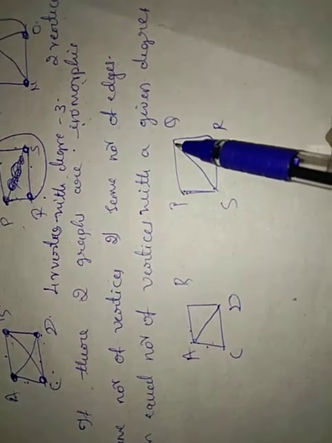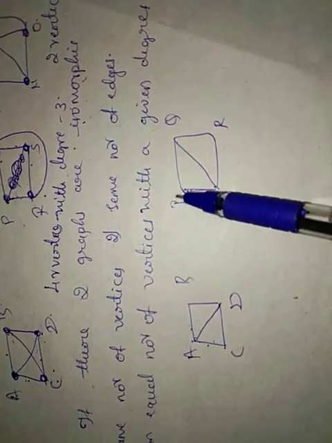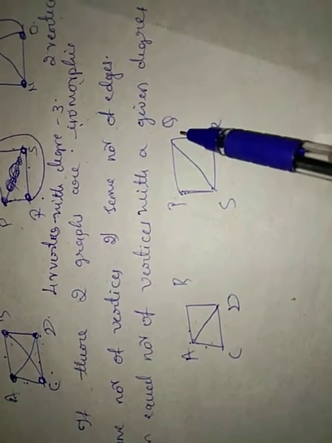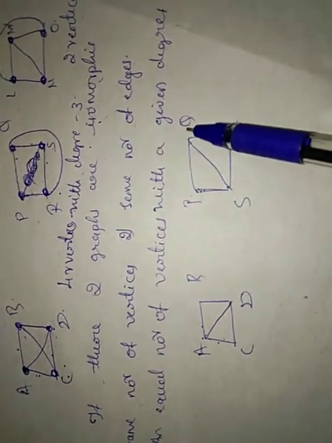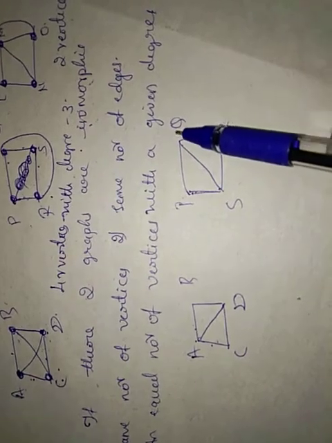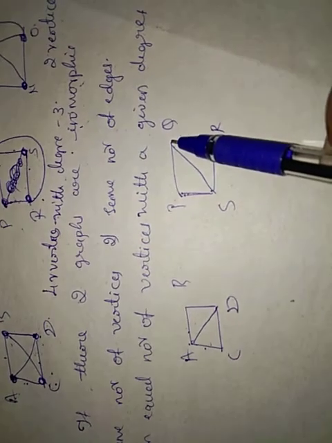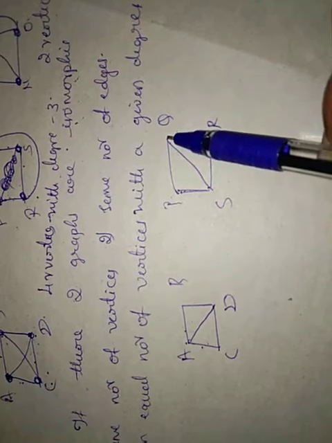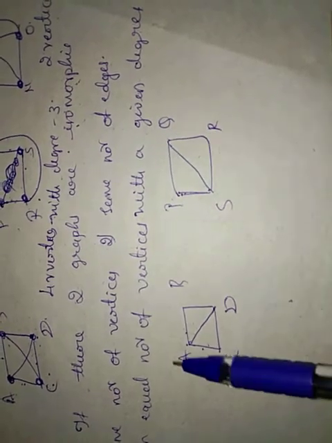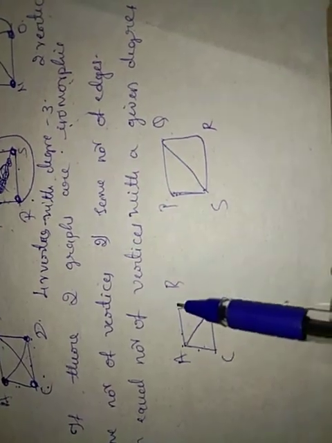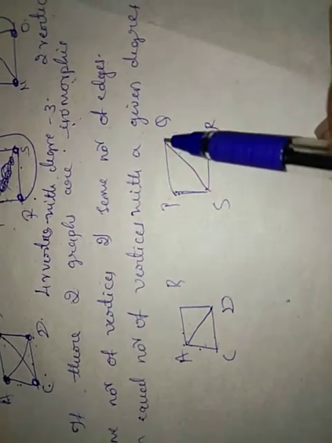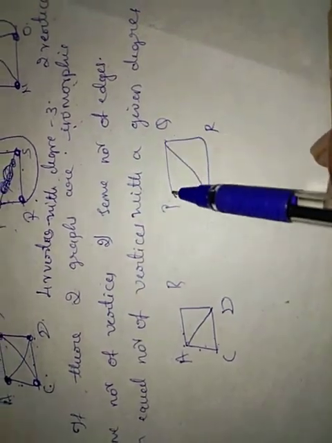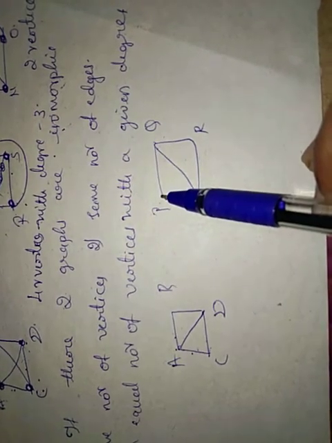So that is why we cannot equate A to P here. We have to equate A to Q. And the adjacent vertices of A should have a degree 2. Similarly, Q must also have adjacent vertices of degree 2 only.